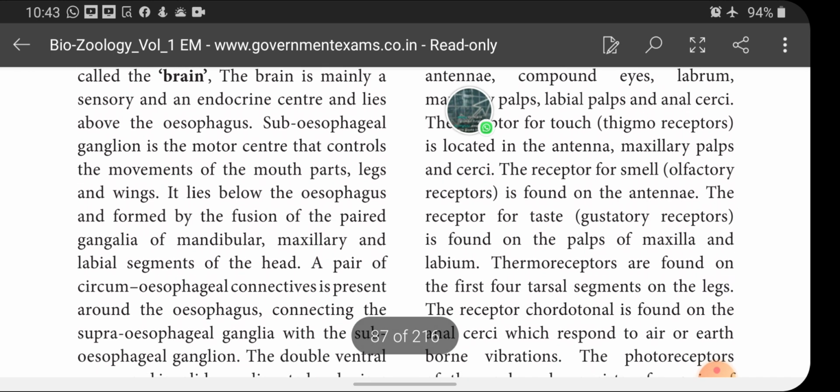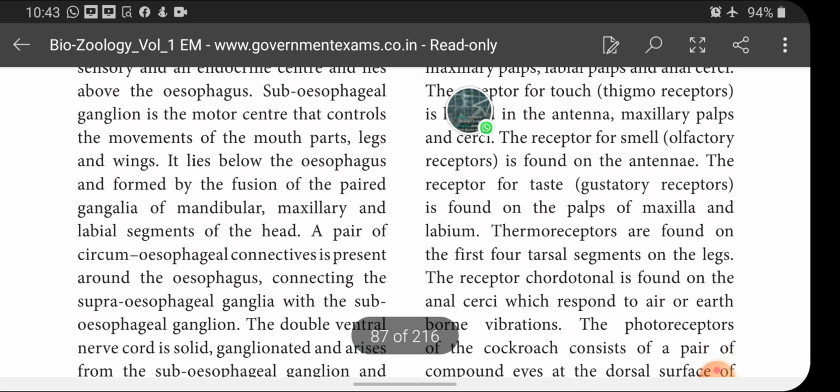It lies below the esophagus and is formed by the fusion of paired ganglia of the mandibular, maxillary and labial segments of the head.